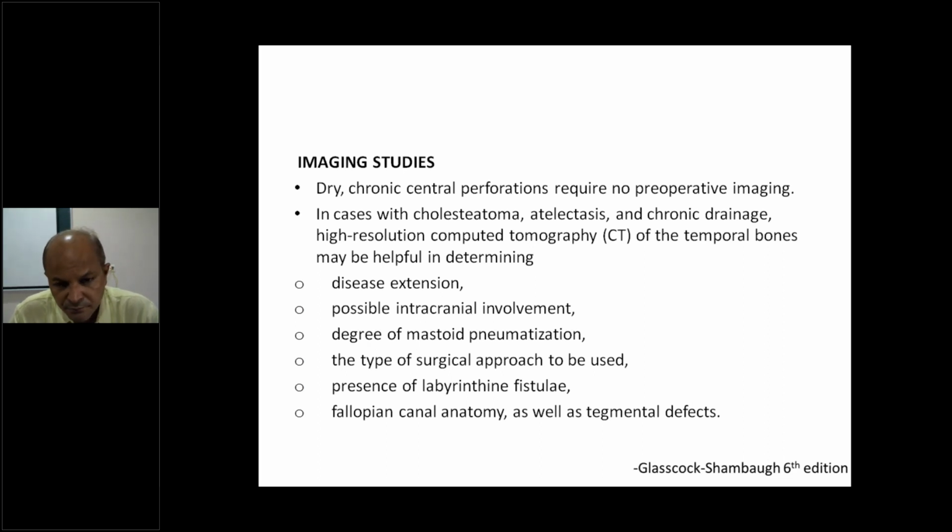A pneumatic mastoid indicates that there is air present inside the mastoid air cells. In case of acute inflammation, you may find an air fluid level in the mastoid antrum, but in case of a chronic disease process involving the mastoid, it usually ends up with sclerosis of the mastoid.